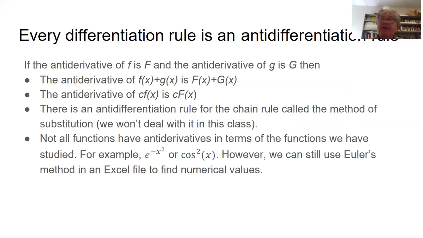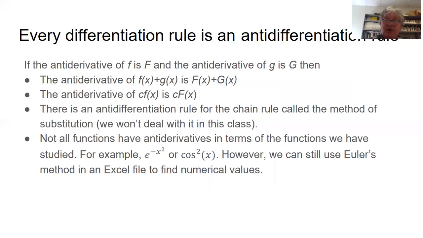So basically what we've seen is that every differentiation rule, run it backwards, you get an anti-differentiation rule. For example, since the derivative of a sum is the sum of the derivatives, the antiderivative of a sum is the sum of the antiderivatives.